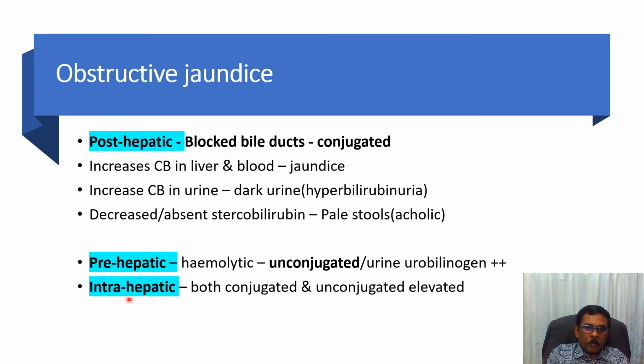In intrahepatic jaundice, both conjugated and unconjugated bilirubin are elevated, and this is usually due to liver pathology or dysfunction.